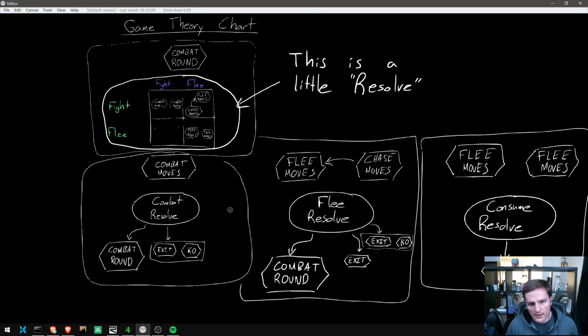But I also need to be able to code in arbitrary resolves. And I kind of want to be able to say that for any of these resolves, I want the possible output states to be something I can know.